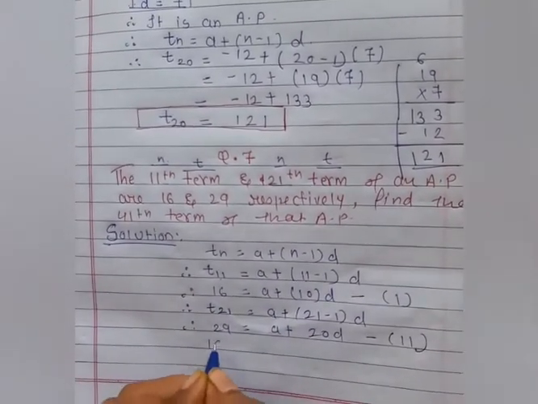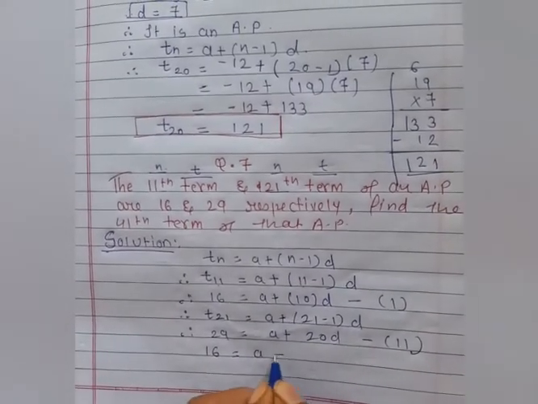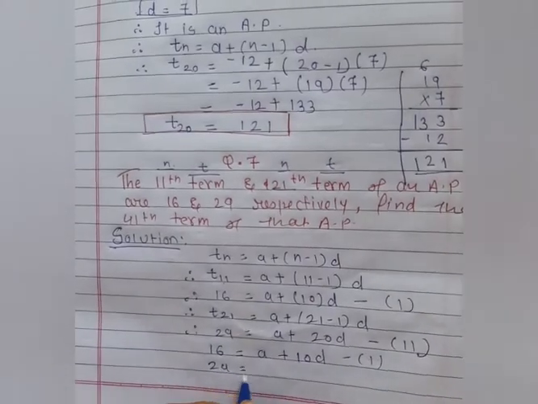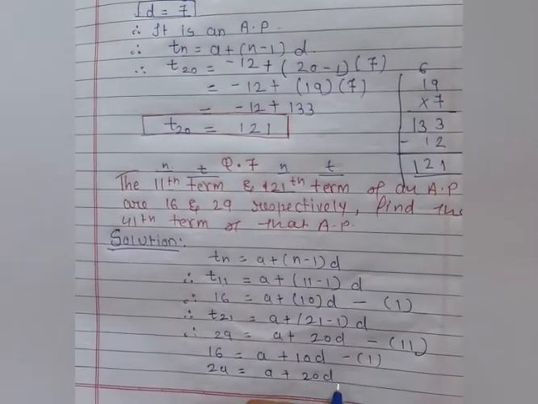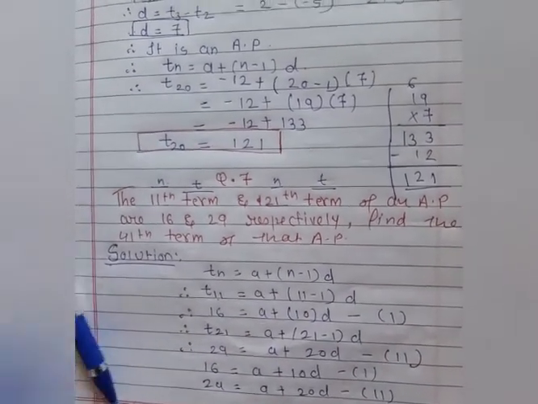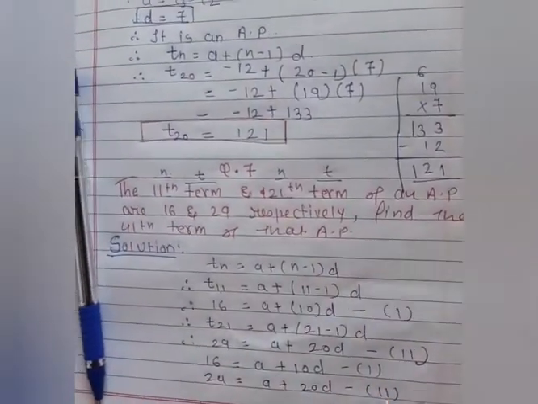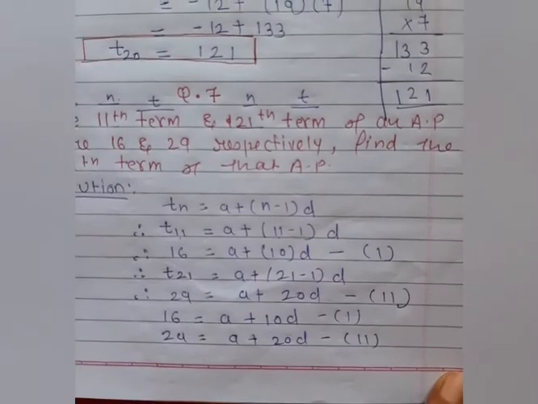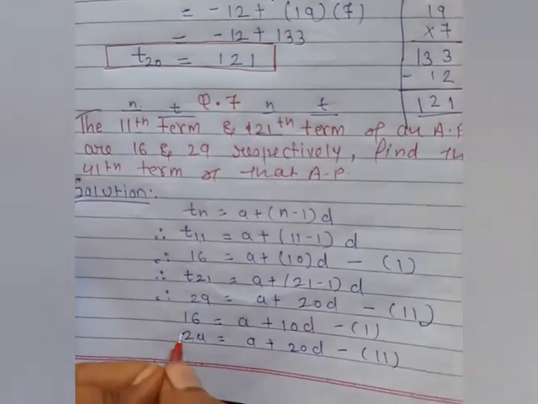So here I am taking equation 1 first, that is a plus 10d, and next is a plus 19d. Then, as you know very well, we have to go for the next condition.